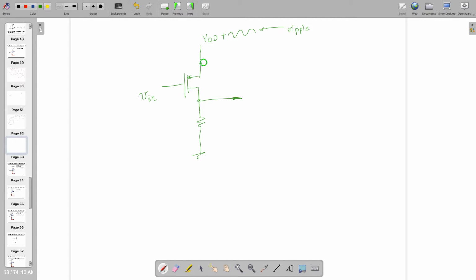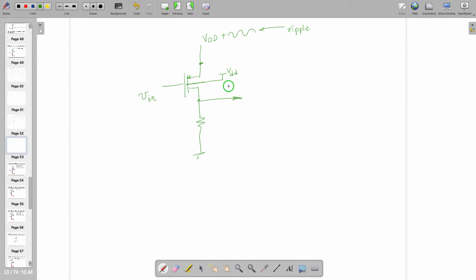So if source and body are not shorted together, then this creates a body effect. Let's assume that this is connected to pure VDD, and this one has VDD plus some fluctuations, right? So both are not tied together, or both are not same.